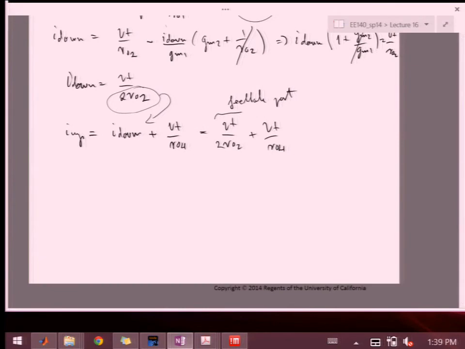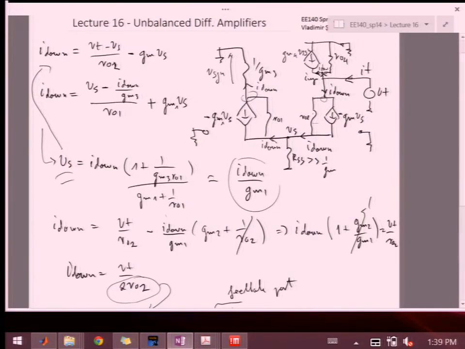So if you take a look then at IOD, which is I up plus I down, you get Vt over 2RO2 plus another Vt over 2RO2 plus Vt over RO4. Right? So if we take a look at this diagram, looking down, we have 2RO2.